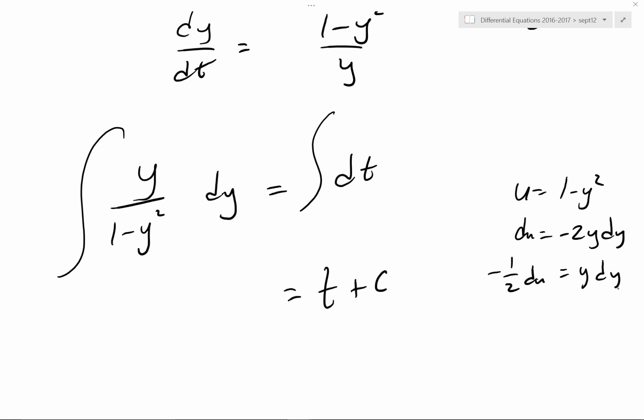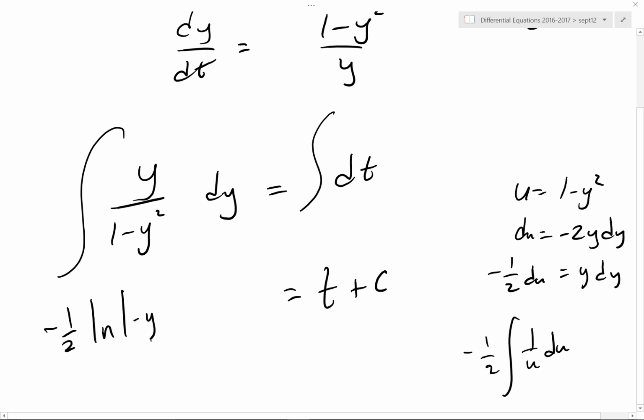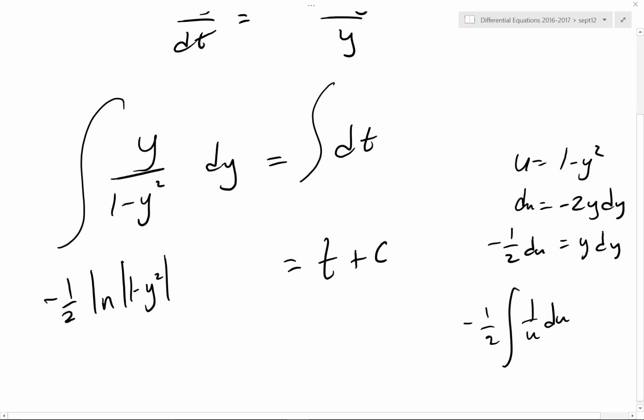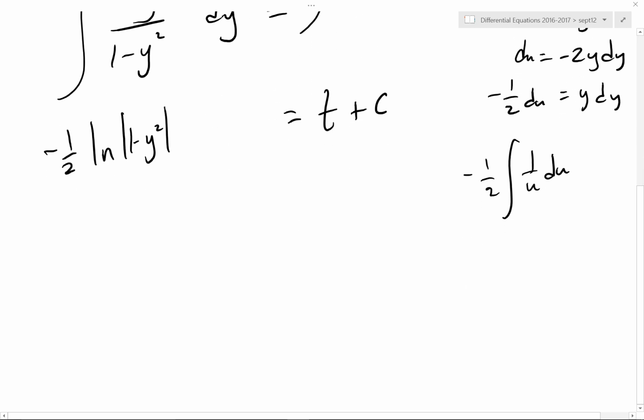So ln comes into play again. I'll show that step. So it's negative a half 1 over u du is what we end up with. So it's negative a half ln of 1 minus y squared. Yes, there we go. I feel like I'm going to times both sides by negative 2.